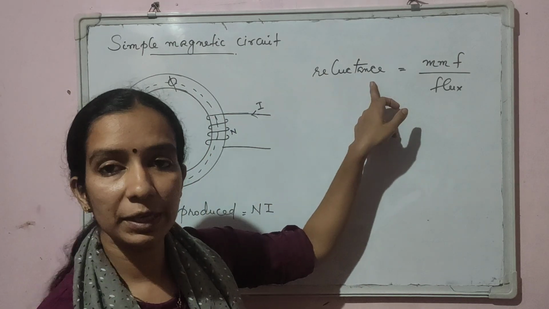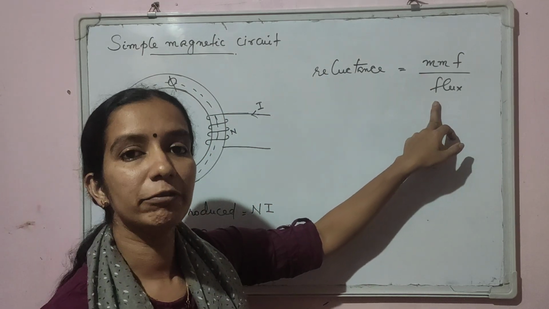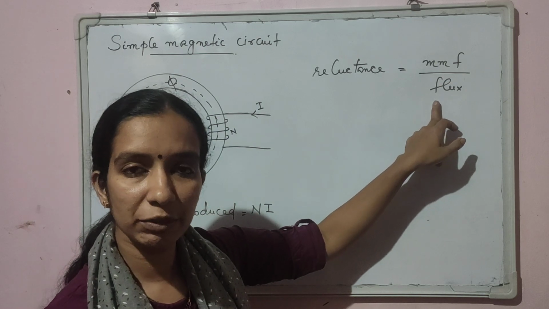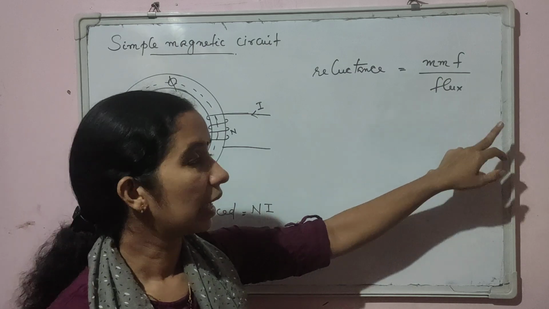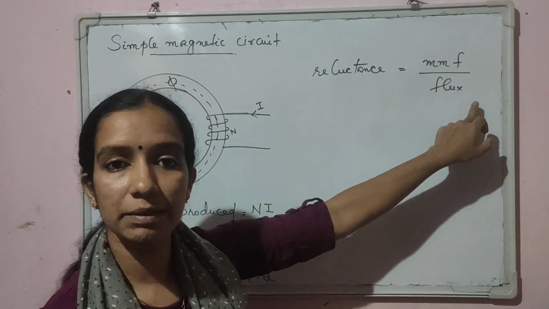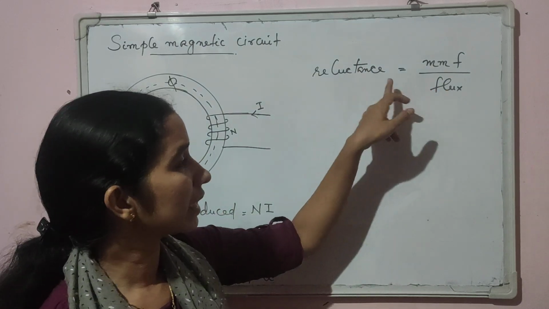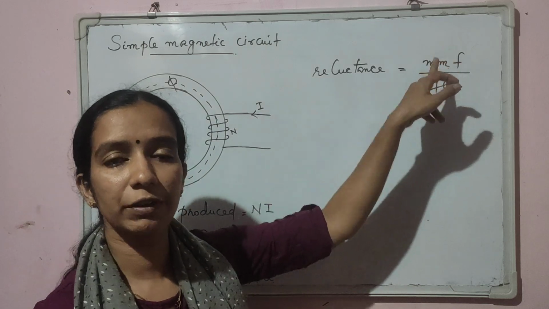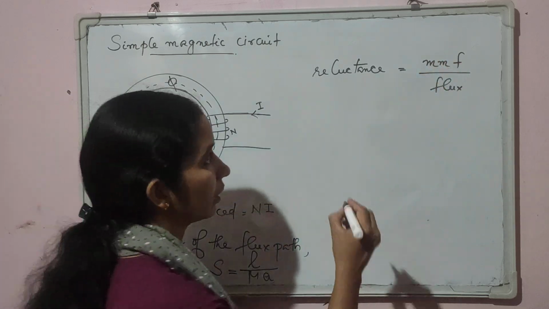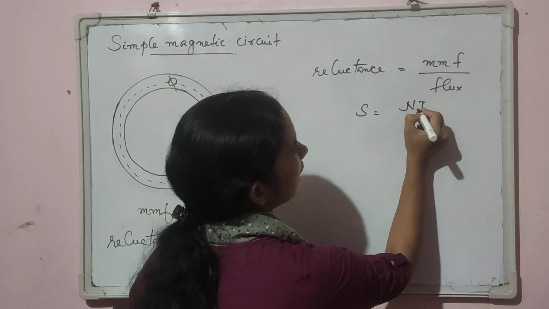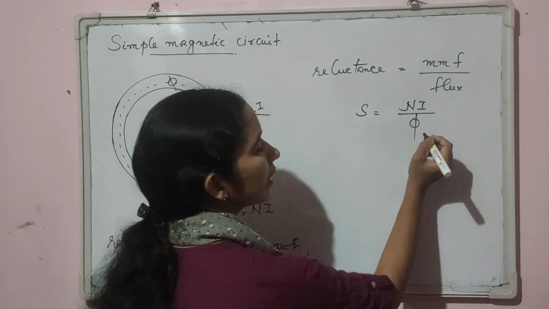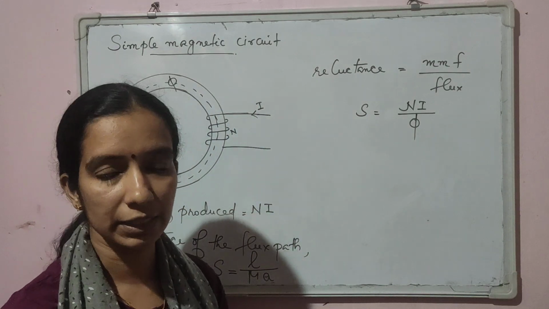So reluctance will be equal to MMF divided by flux. Equivalent to EMF in an electric circuit, we have MMF in a magnetic circuit, and equivalent to current, we have flux. So reluctance can be expressed as the ratio of MMF to flux, that is, S is equal to NI divided by phi. This is another expression for calculating the reluctance.